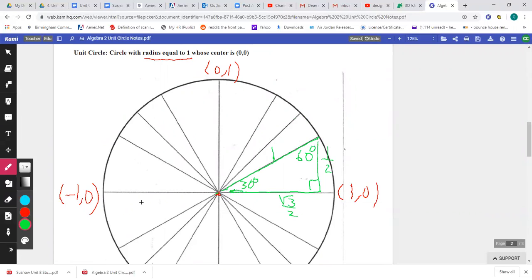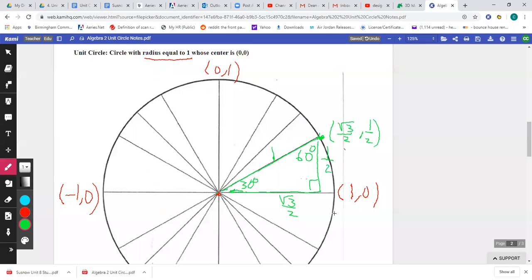And so I know that this point here, the one that I'm filling in right there, the coordinate for that point has to be √3/2, 1/2. Okay, I'm going to stop there. What questions do you have for me right now?